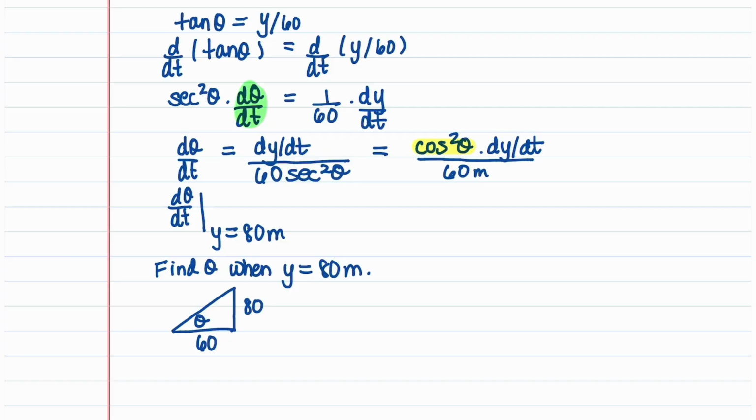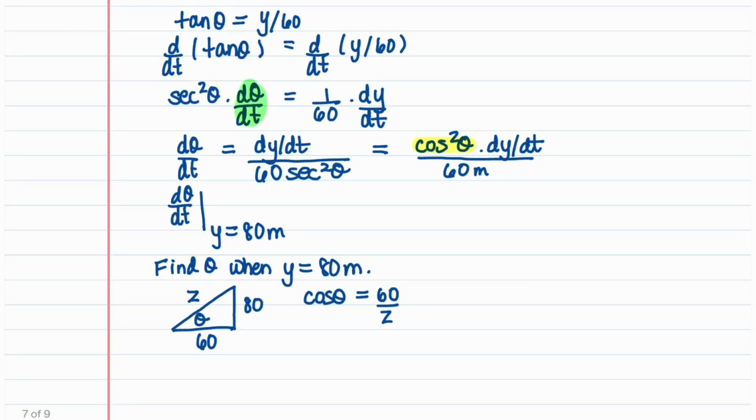So I'm going to let our hypotenuse be equal to z, and we can say that cosine theta is adjacent divided by hypotenuse, so that is 60 over z. And now we need to know what z is. I think this is why it's confusing, because you have to find so many things. z is going to be the square root of 60 squared plus 80 squared.